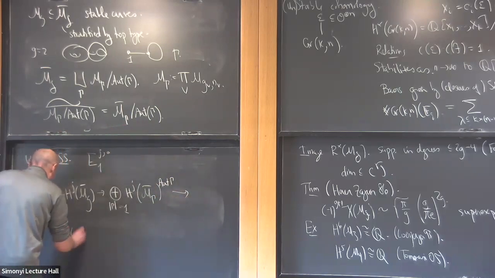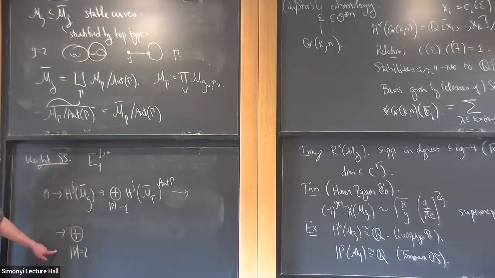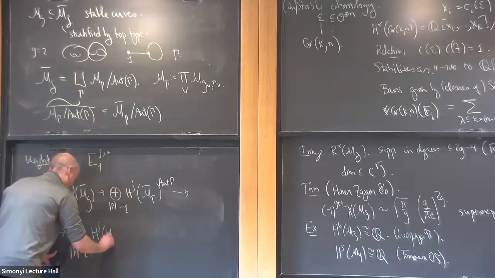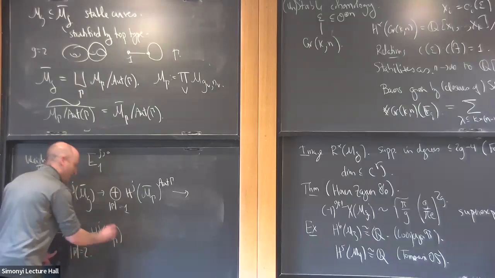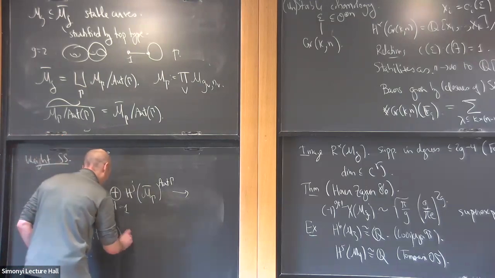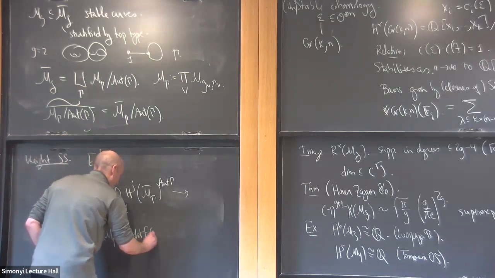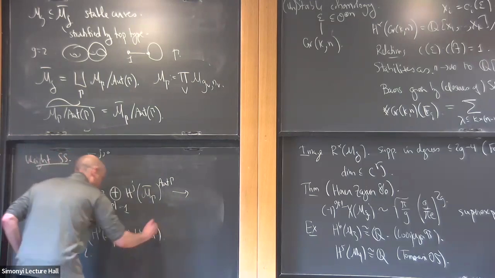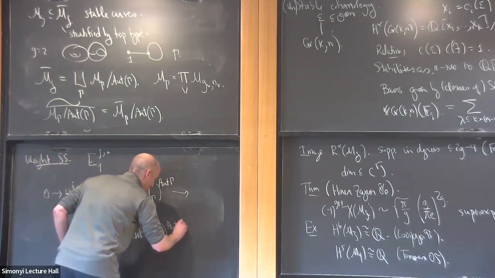And then the next term is going to come from codimension 2 strata, so graphs with 2 edges. And then we'll have H^j of M bar gamma. And you might be tempted to put Aut(gamma) here. Sorry. So the automorphism group of gamma is acting on the edge set by permutations, and we need to take the sign of that action, so the determinant of that permutation action, and then we take invariants.